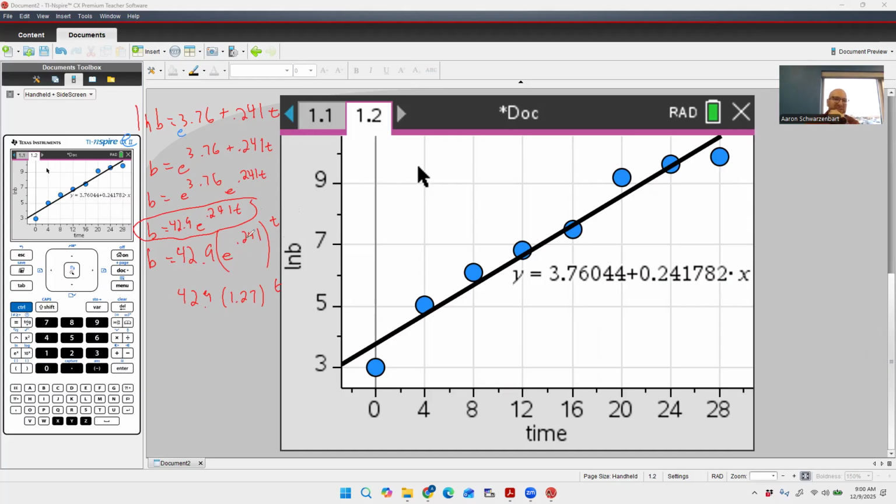And then I can just take the calculator and do e to the 0.241. And that's 1.27.